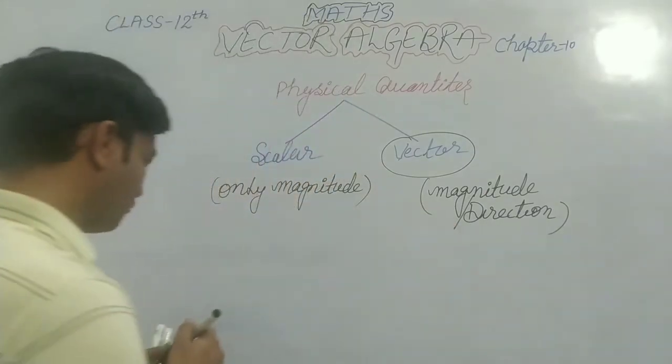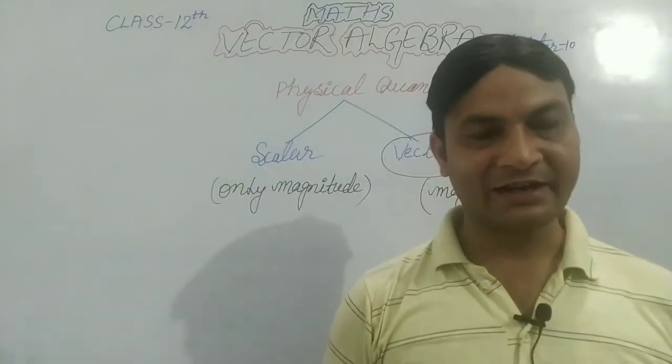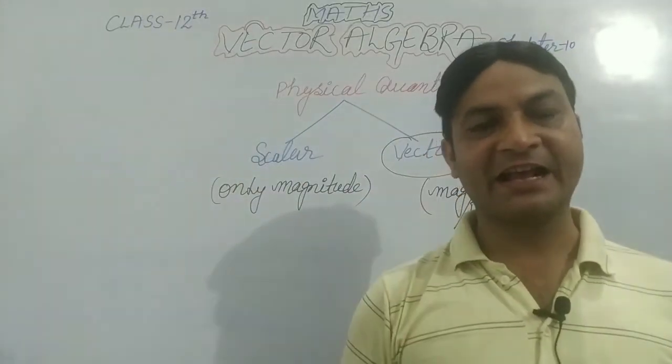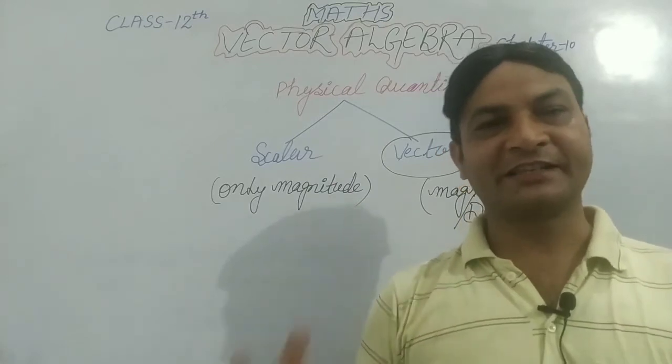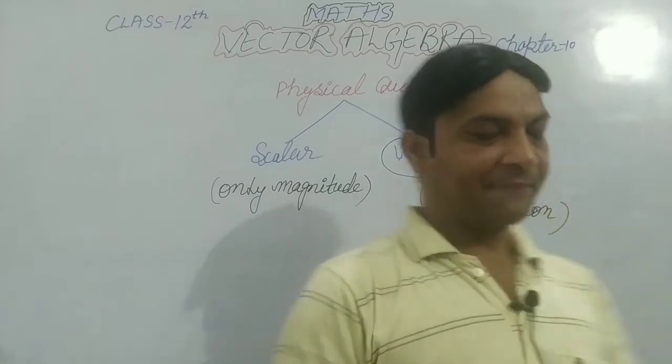So now the question is, what is magnitude and what is direction, and how can we recognize which quantity is scalar and which one is a vector?